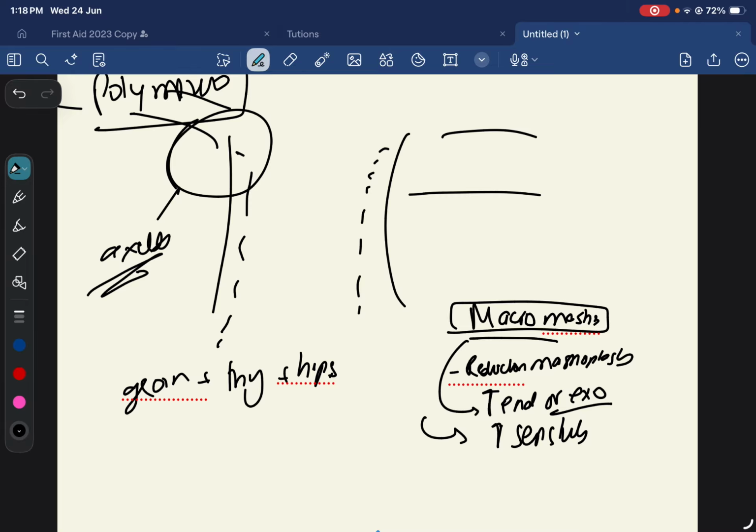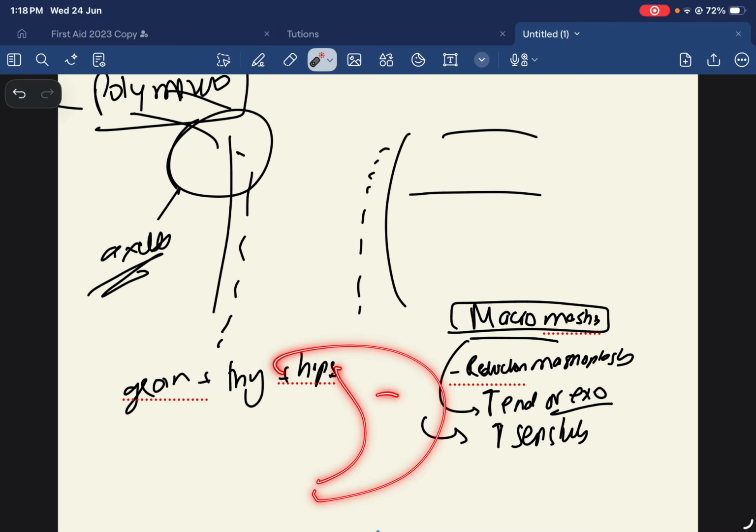Or there is another procedure, which is subcutaneous mastectomy along with breast reconstruction: removal of some breast tissue, and then reconstruction surgery, but mainly reduction mammoplasty is done for that. So yeah, that's it for this video.